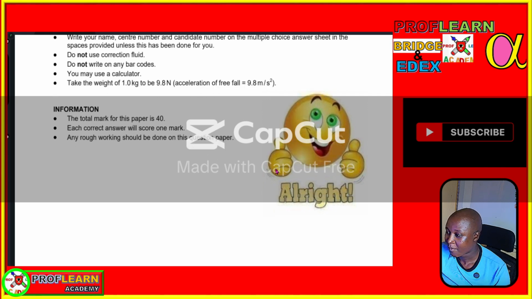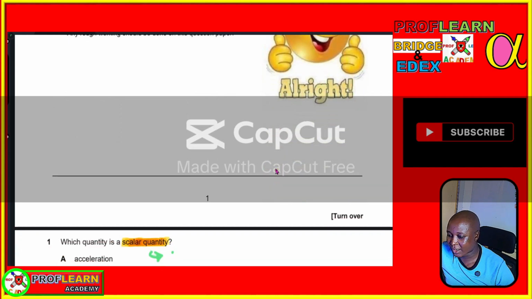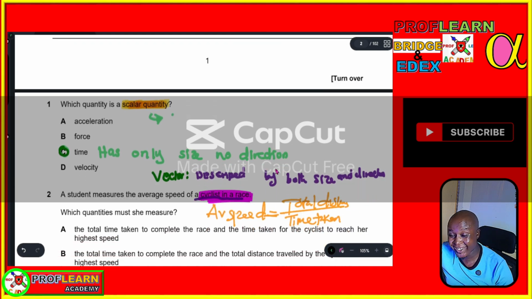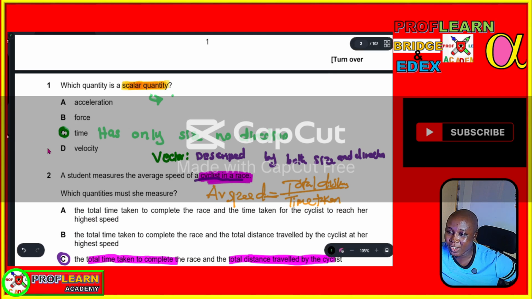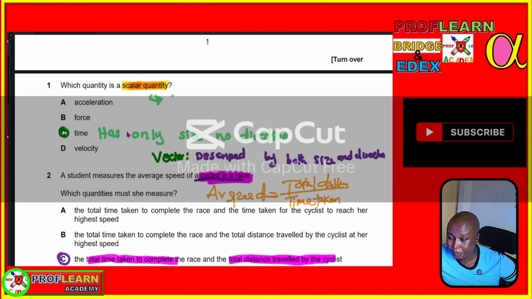Is that right? All right, so the first concept you need to know is the difference between vector quantities and scalar quantities. Scalar quantities are those quantities which can only be described by size. They have only size, but no direction.